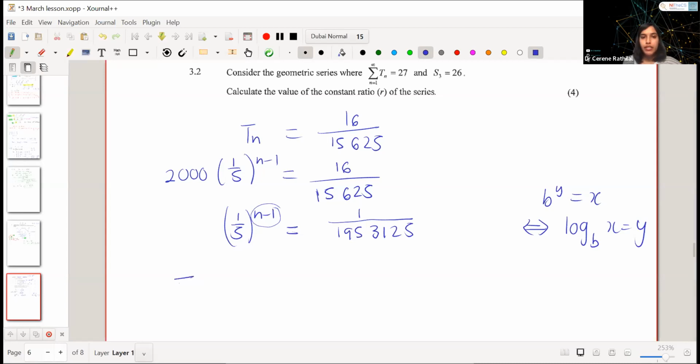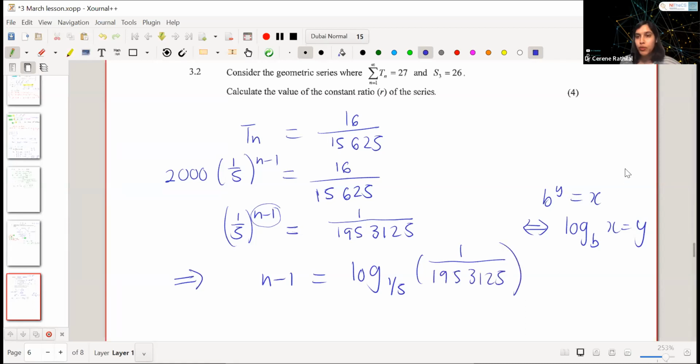So this tells me, well, n minus 1 equals log base 1/5 of this value here, 1 divided by 195.3125. You've learned the logarithms. I heard you tell me that you did. So I'm just using this property of logs. Now, please help me again. Put this into your calculator and tell me, what is n minus 1 equal to?